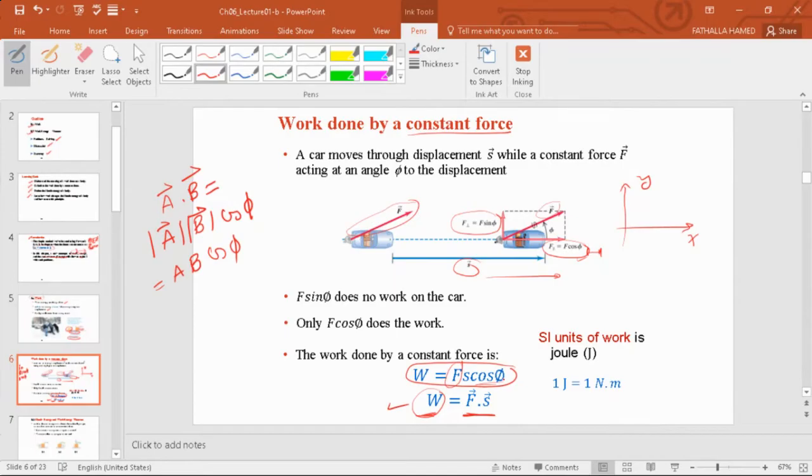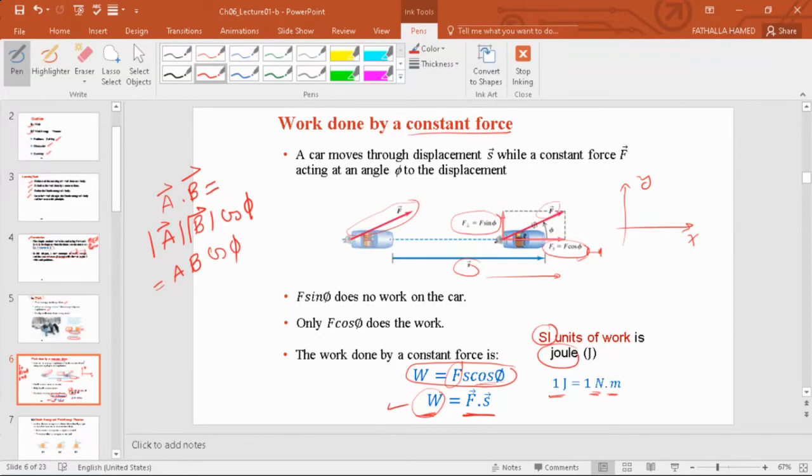Is this point clear? Now, the units of this work will be the units of force multiplied by the units of displacement. The units of force are newtons, and the units of displacement are meters. So you have newton meter as a unit for the work. We're going to define a unit which we call the joule, which is the SI unit, and 1 joule is equal to 1 newton meter.